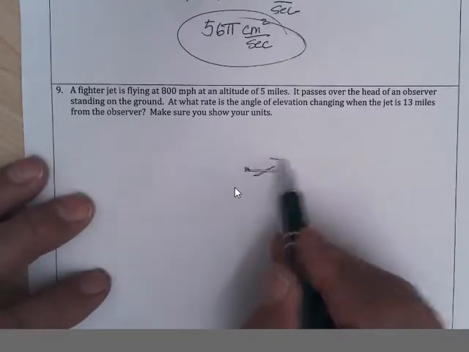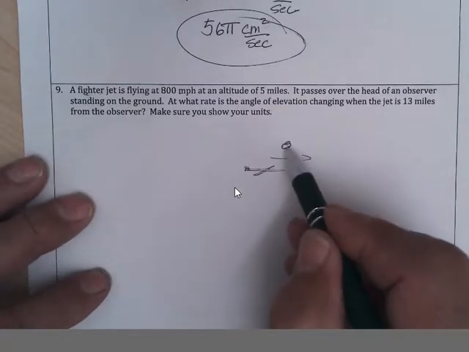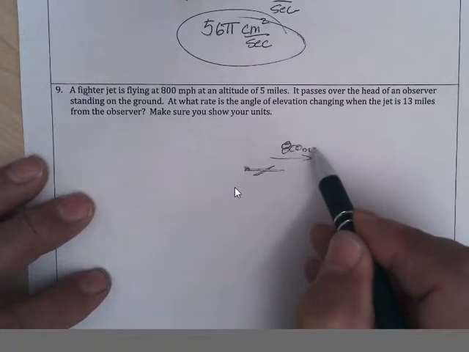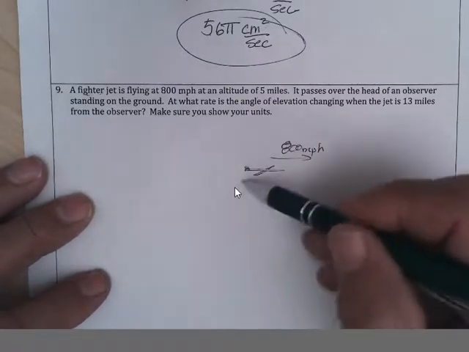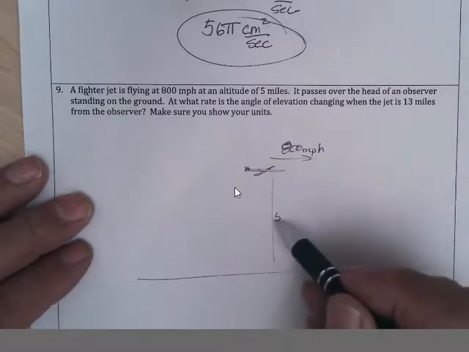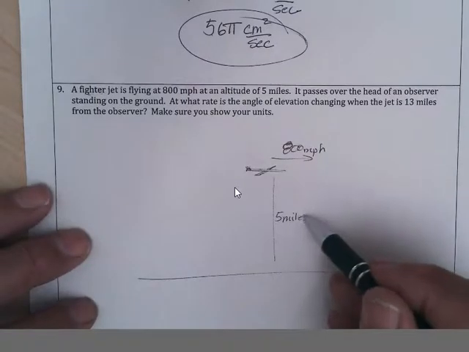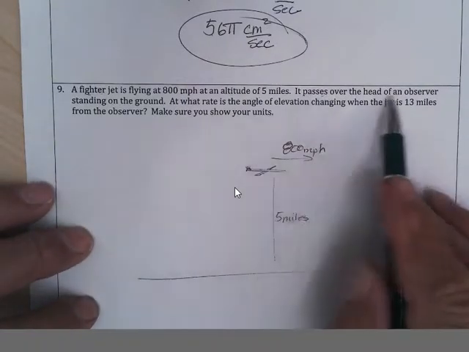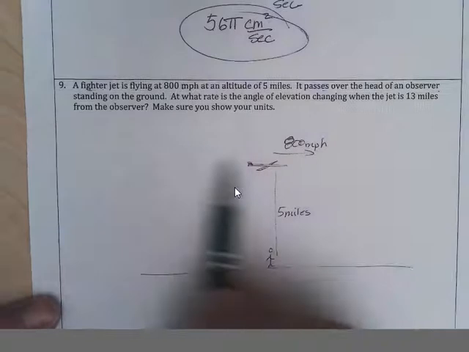And it's flying at 800 miles per hour and at a height of, the ground's down here, at 5 miles below it. It passes overhead of an observer, the observer down here, cute person there.